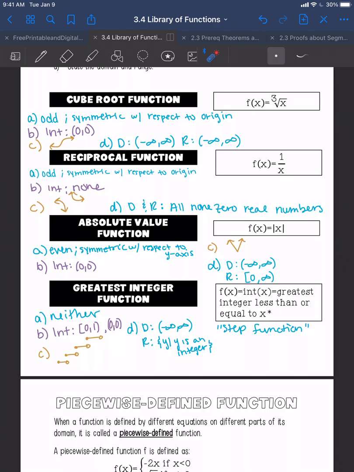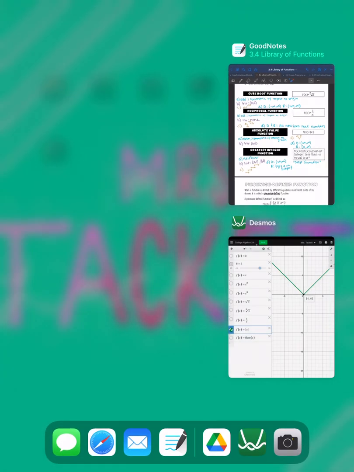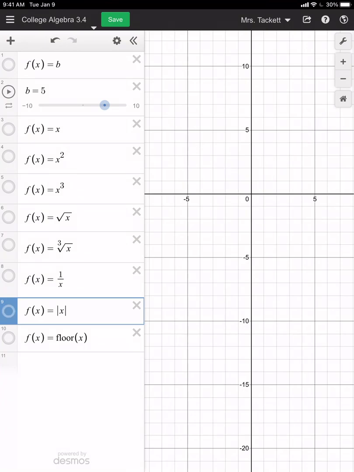And then next we have the greatest integer function. In a TI-84 calculator, you can use INT in your menu. For this, we use floor in Desmos. Now, I do want to point out, I can't really draw on this here.